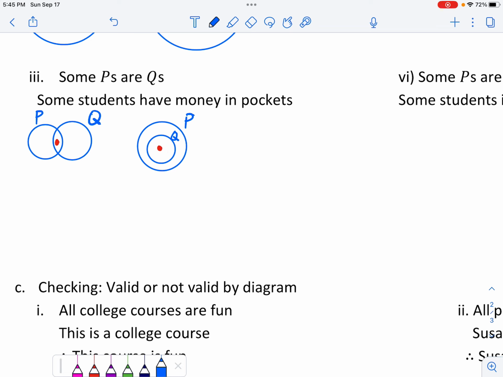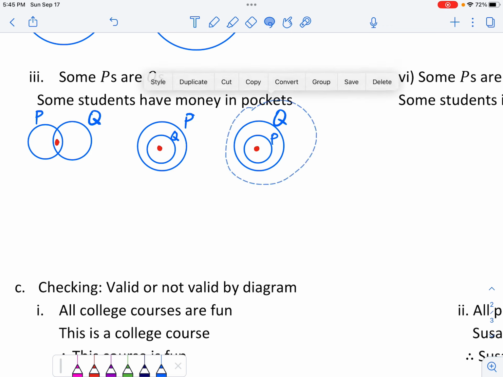And also, this can be another possibility. So Q is outside and P is inside. In this case, definitely all P's are Q's, but it is also true to say that some P's are Q's, because you pick some P and it's inside Q. So now you can see that just for this particular statement, there are several different possibilities.